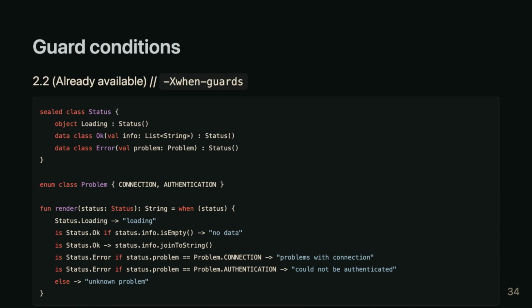If it's a status OK, and the info is empty, do something. Otherwise, you end up in the more general when condition of just it is OK, and you'll do that. You can see on error, we can check types and stuff. So it really gives you that type safety on the right side of the if statement.